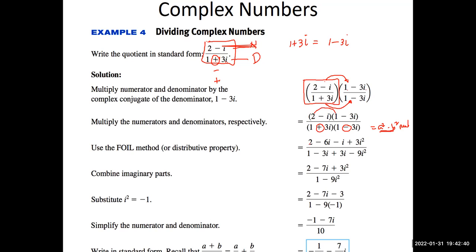That is 2 times 1 is 2, and then 2 times negative 3i is negative 6i. Then we have negative i multiplied by 1 is negative i, and then negative i multiplied by negative 3i is positive 3i squared.